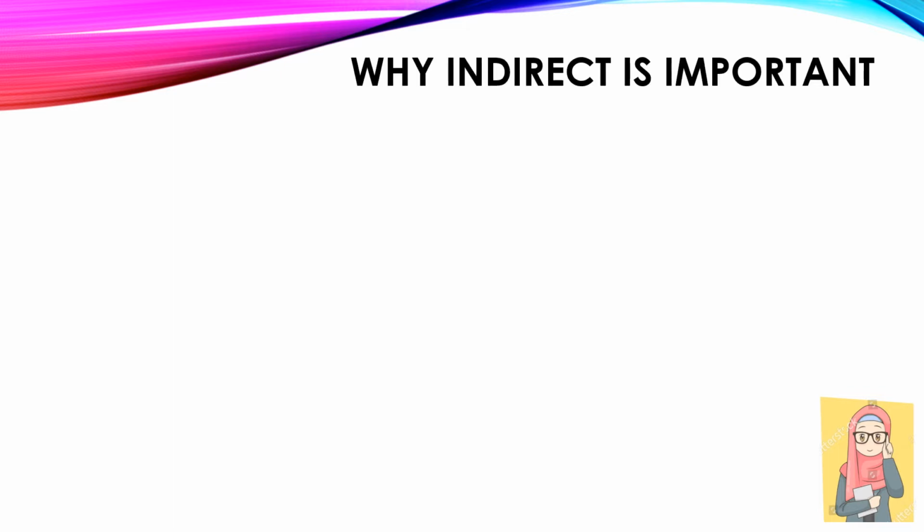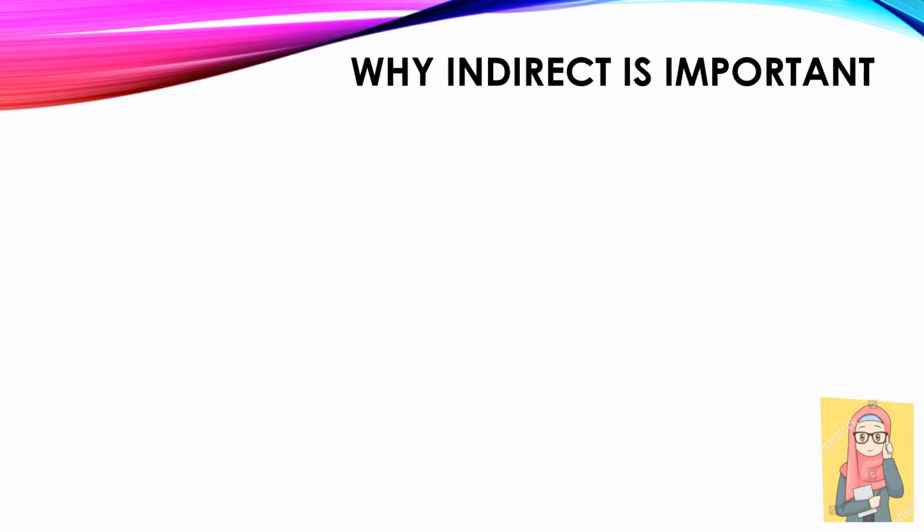So far we have learned what speech is, what direct speech is, and what indirect speech is. Before we move on, it is very important to know why indirect speech is important. Why can't we leave it as a direct sentence?